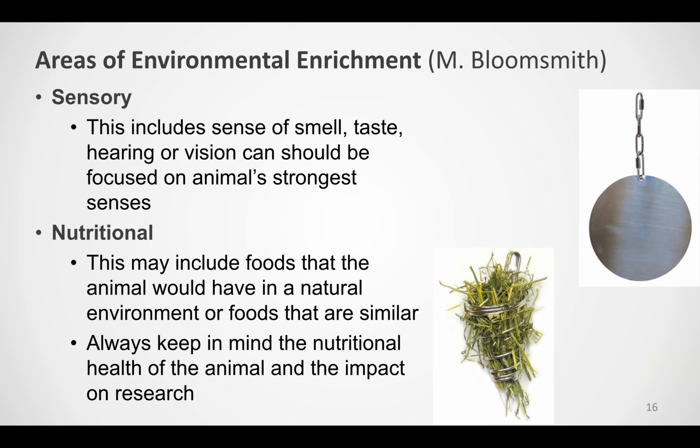If you think about dogs, dogs like things with scent. Their vision isn't as good as, for example, a non-human primate. So with that great sense of smell, you can provide some things for them that they would find very interesting. So again, look at the species, look at what their strong suit is with respect to their senses.